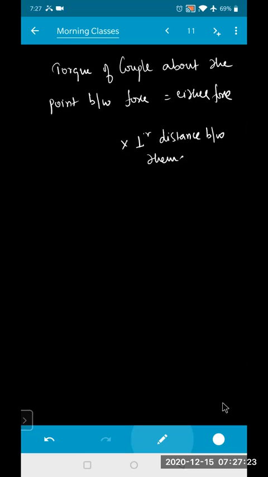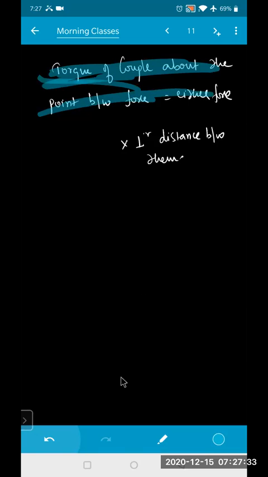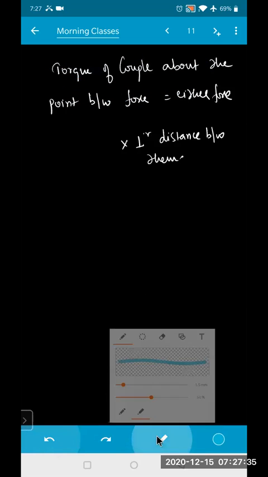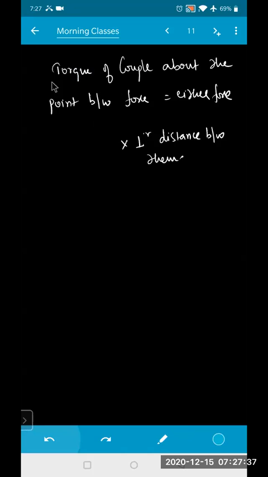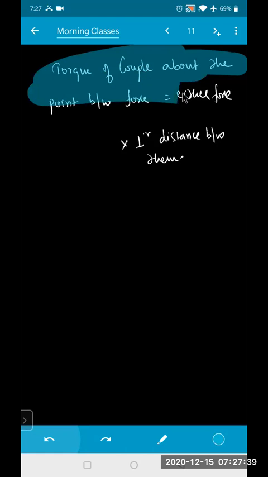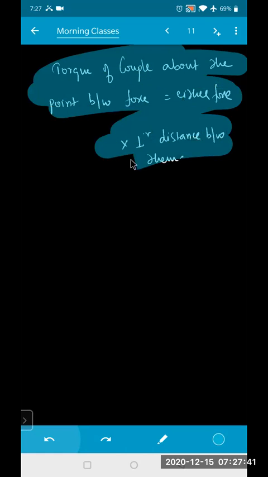That is your torque of the couple. So when we talk about the torque of a couple, you need to write this statement right now. Torque of a couple about a given point is equal to either of the forces into the perpendicular distance. Very, very important relation. Okay?